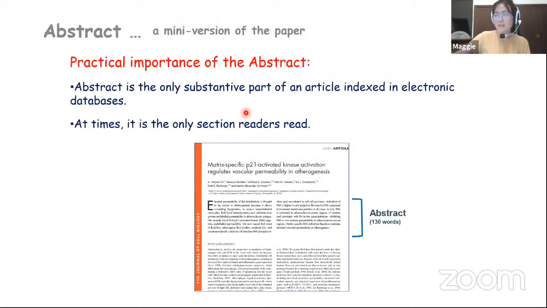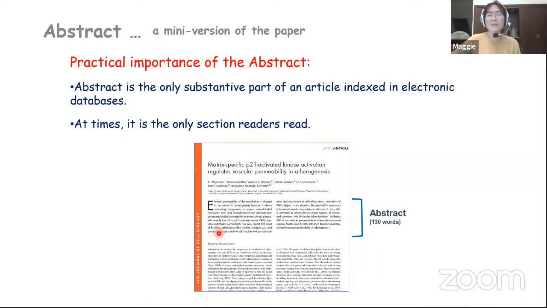First, the abstract. Usually the abstract will be at the very beginning of the manuscript. The abstract is the only substantive part of an article indexed in electronic databases. What does that mean? When you search most of the databases, it's the only part you can read for free.